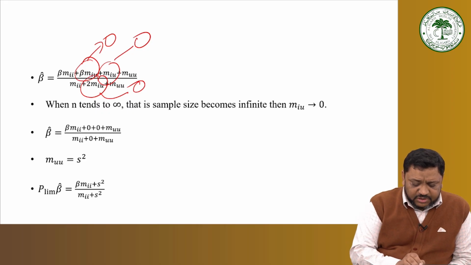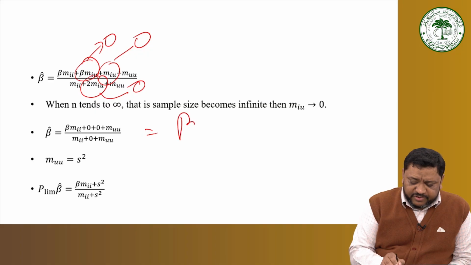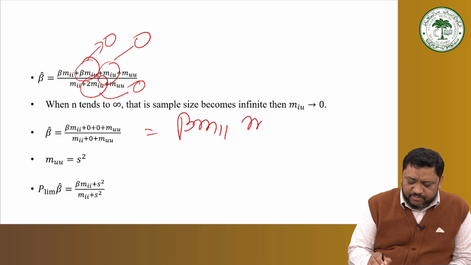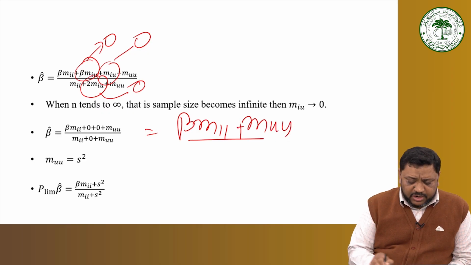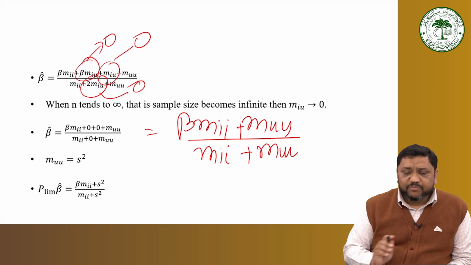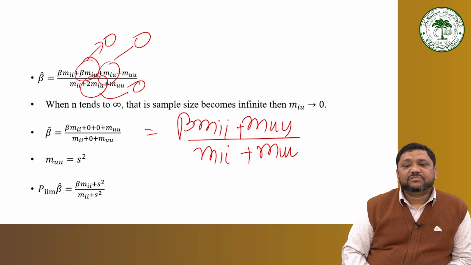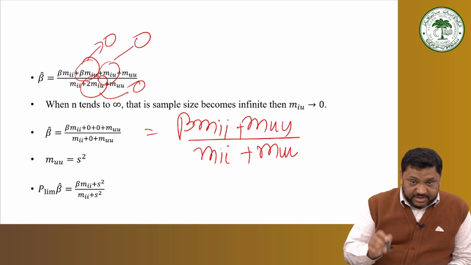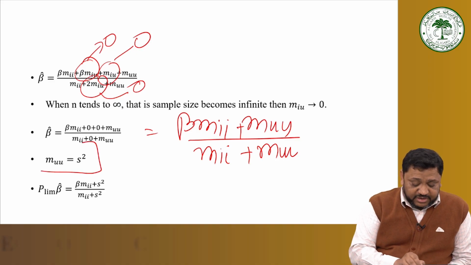You are left with beta mii plus muu divided by mii plus muu. Muu is nothing but your variance. Error multiplied by error. This is your variance.